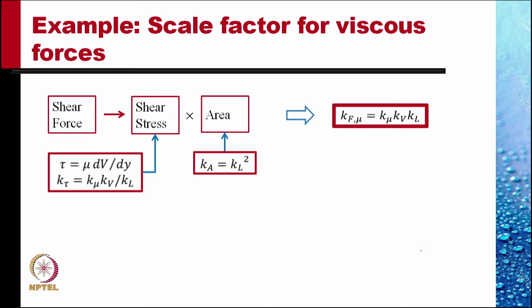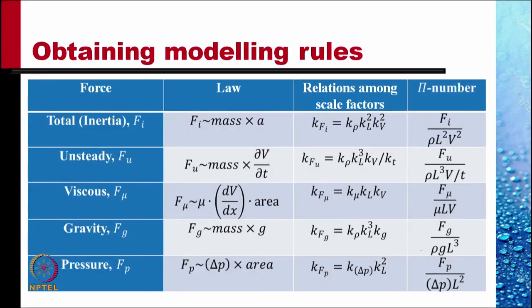The scale factor for viscous forces is equal to K mu, the scale factor for viscosity, times the scale factor for velocity times the scale factor for lengths. And from this, we obtain a pi number F mu divided by mu VL, where the characteristic nature of the quantity is understood. Then the value for the prototype must be the same as that for the model. We obtain modeling rules like in this table.